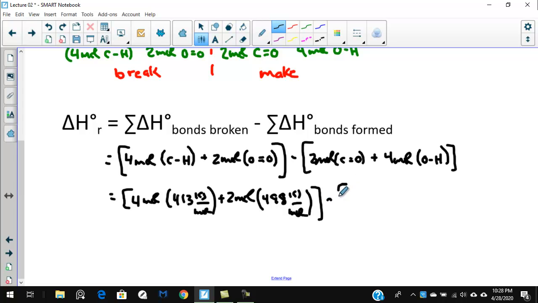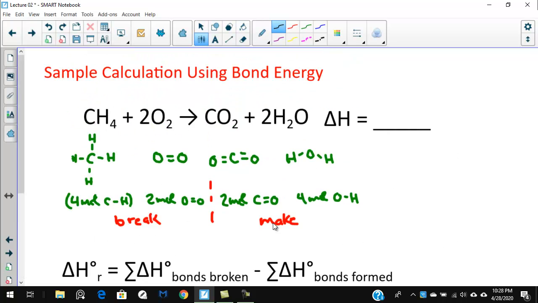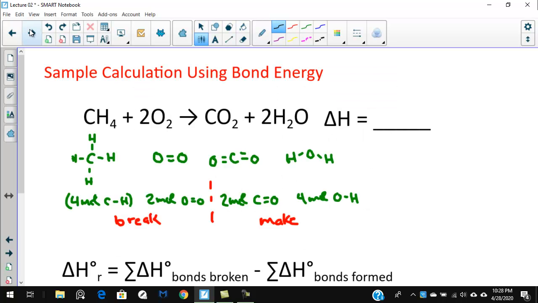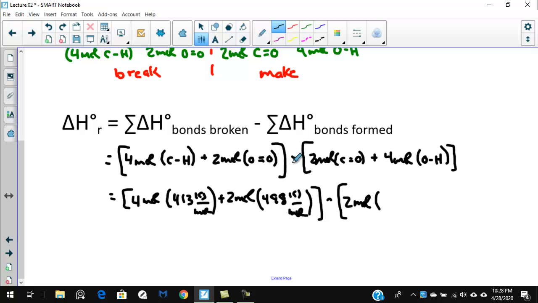On the other side, we will subtract 2 moles times the C double bond O, and it was in the molecule of CO2, so we have to use this number down here, 799 kilojoules per mole, plus 4 moles times whatever an OH is worth.